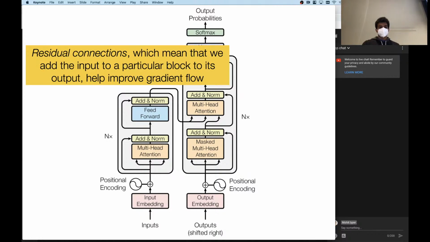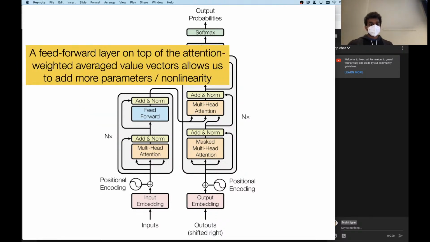Okay. So we talked about the residual connections, right? Those are modeled with these arrows over here. Those help the gradient flow. We talked about the feed-forward layer that is on top of the weighted average of the value vectors. In fact, on top of the concatenation of all the head representations.